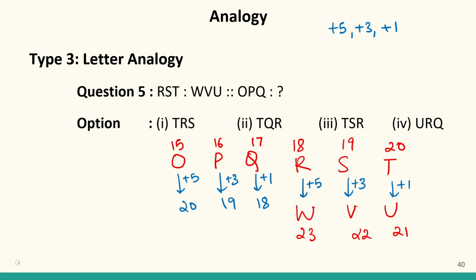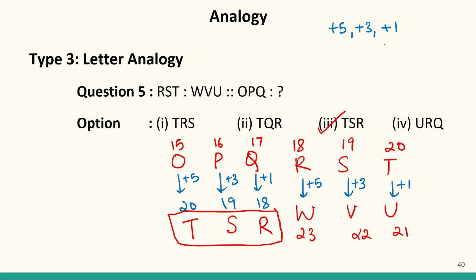So at 20th rank, if you remember from the shortcut AJOT, we had T. 19th rank, we have S, and at 18th rank, we have R. So our code will be TSR. This is our code, which is option number 3. So option number 3 is the correct answer in this case.